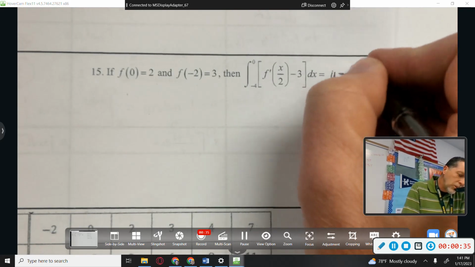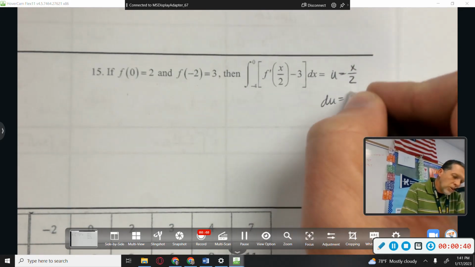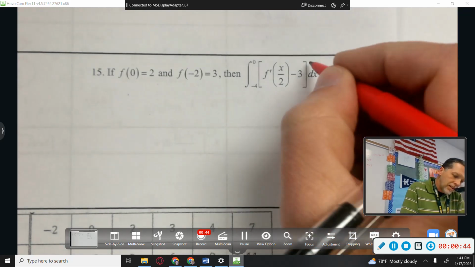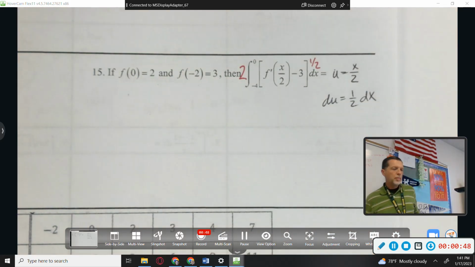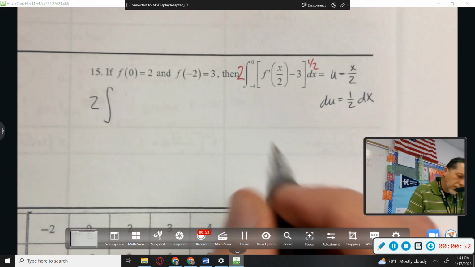Let's let u equal x over 2. And then du would be 1/2 dx. So I need a 1/2 on the dx and a 2 out front. So 2 integral.